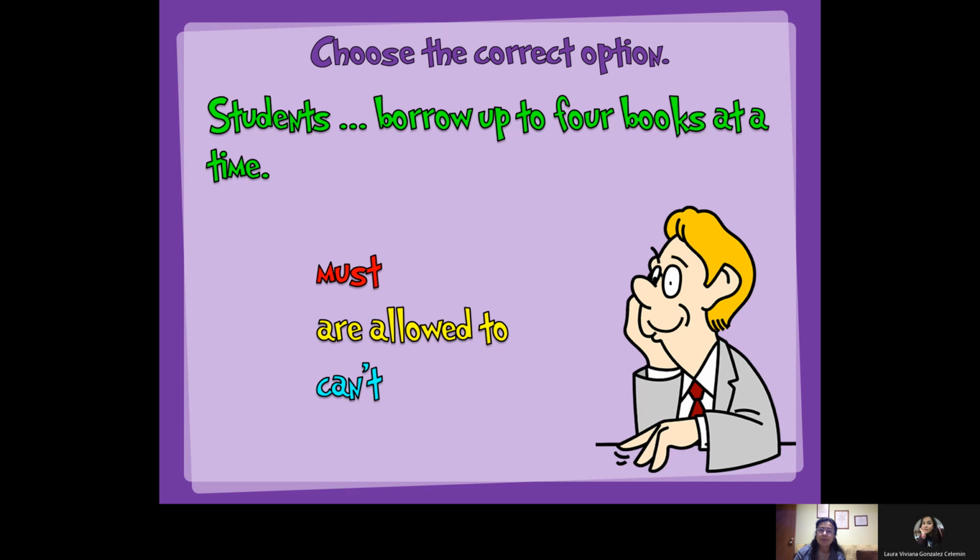Students must borrow up to 4 books at a time, or students are allowed to borrow up to 4 books at a library, or students can't borrow up to 4 books at a library. What do you think is the appropriate one? Borrow up, remember that is pedir prestado.